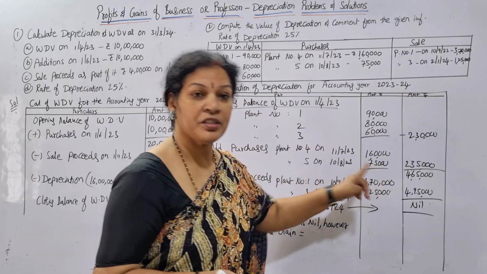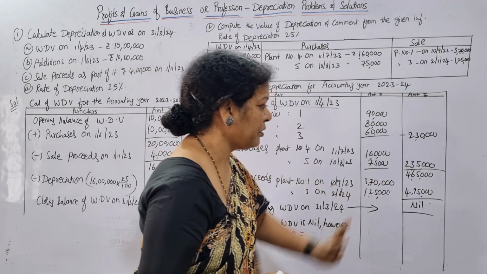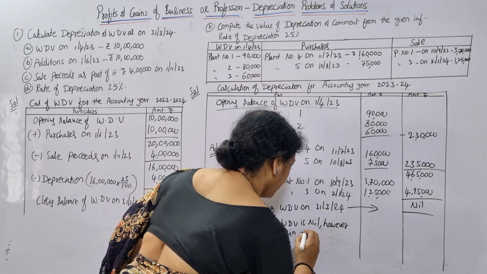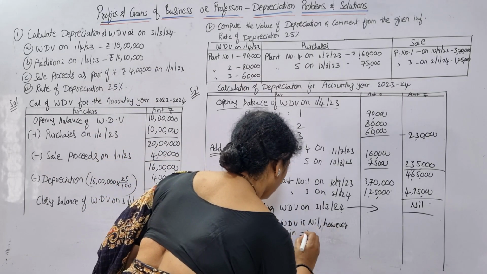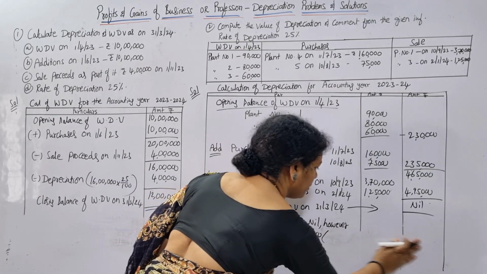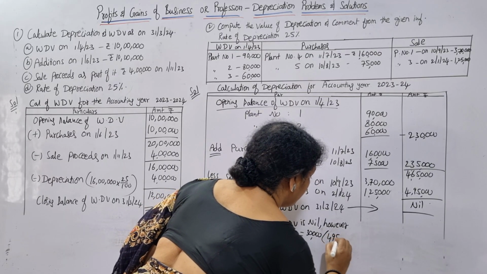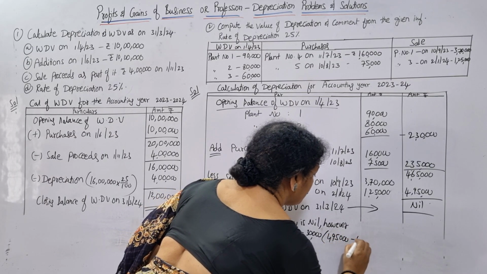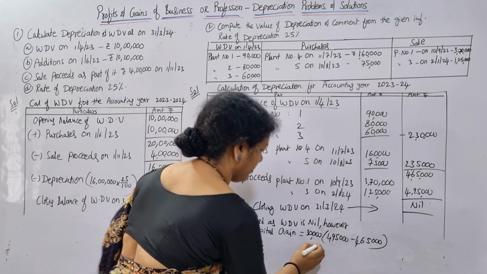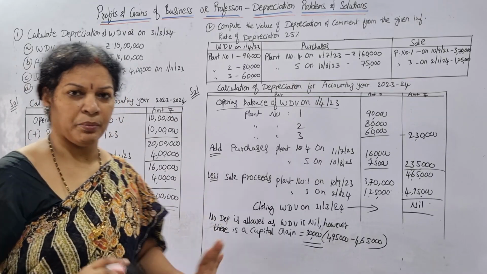So the difference itself is a reserve, capital reserve. 4,95,000 minus 4,65,000, it is 30,000. So you can say capital gain of 30,000. How did you get it? Write it in the brackets: 4,95,000 minus 4,65,000. This is our comment. Okay, am I clear?